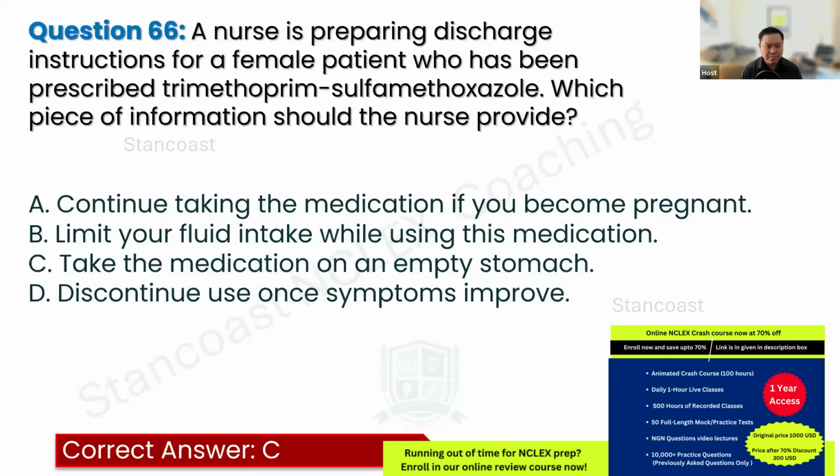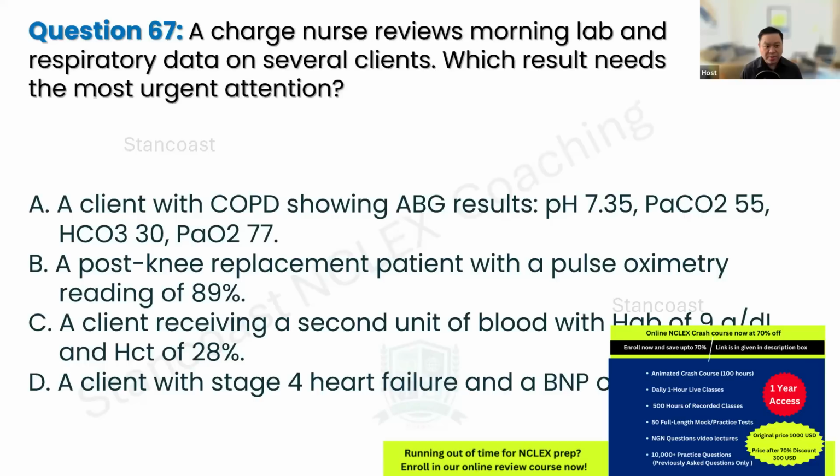Number 67. A charge nurse reviews morning lab and respiratory data on several clients. Which result needs the most urgent attention? A. A client with COPD showing ABG results, pH 7.35, partial pressure of carbon dioxide 55, bicarbonate of 30, partial pressure of oxygen 77, and B, a post-knee replacement patient with a pulse oximetry reading of 89%.